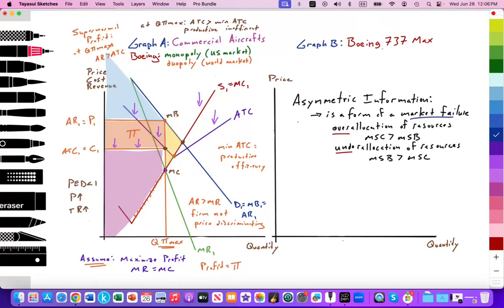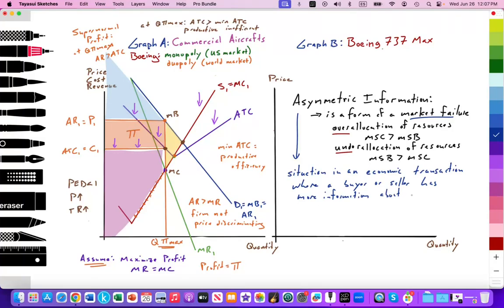All right, asymmetric information is a situation in an economic transaction where one party, a buyer, seller, or we'll say an economic agent, a buyer or seller has more information about a particular good or service within the transaction than the other person.